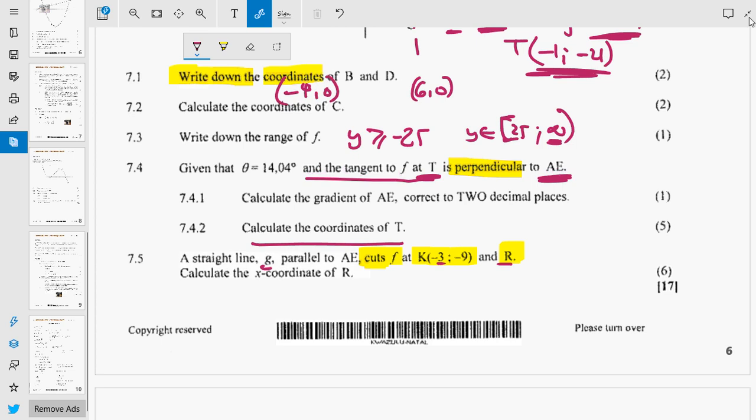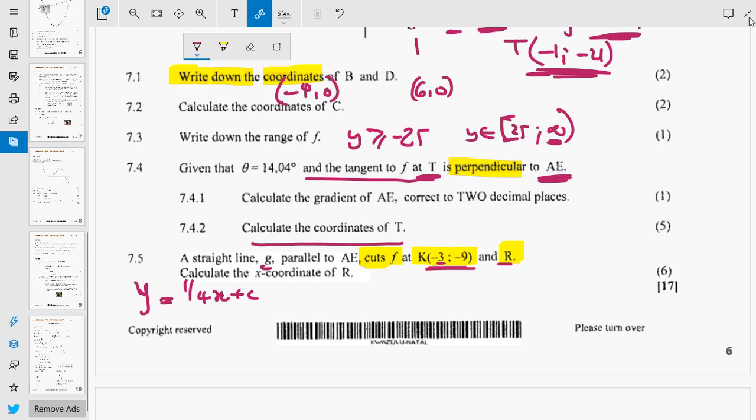But at this moment in time, I don't have the equation of g. But g is parallel to AE, so they're going to have the same gradient. I'm going to have y = 1/4 x + c.